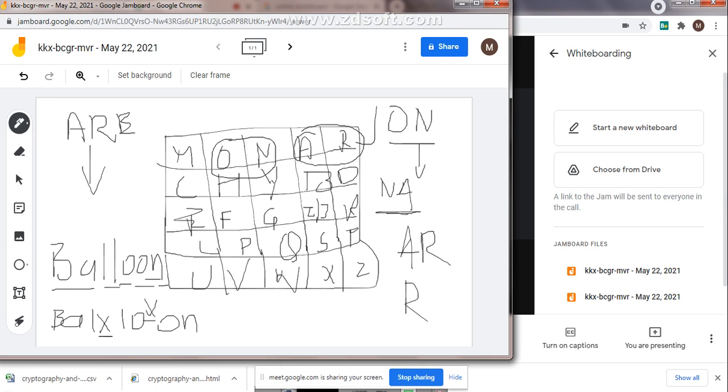So A is replaced with which letter? The rightmost letter of A is R.